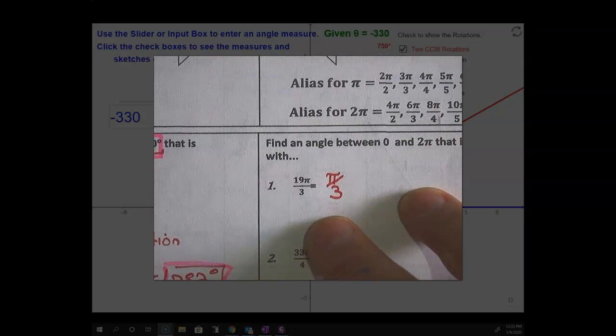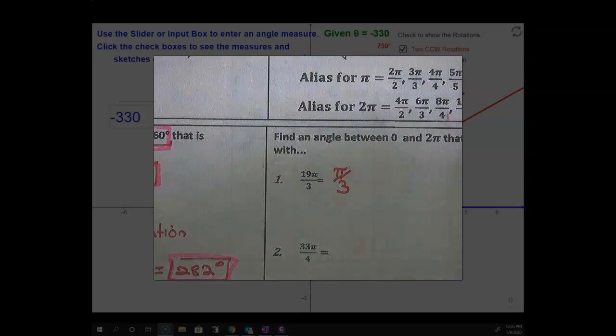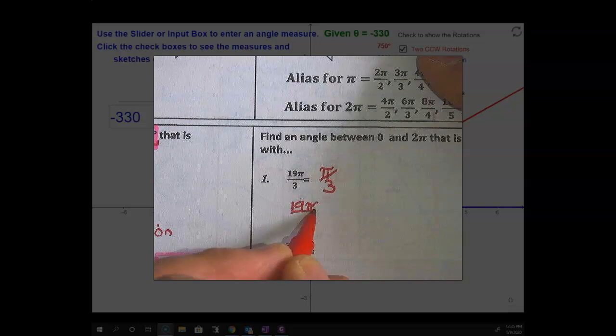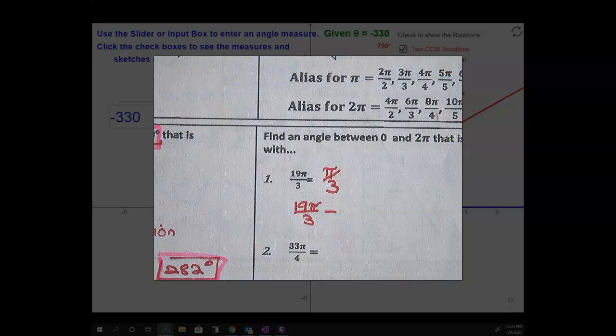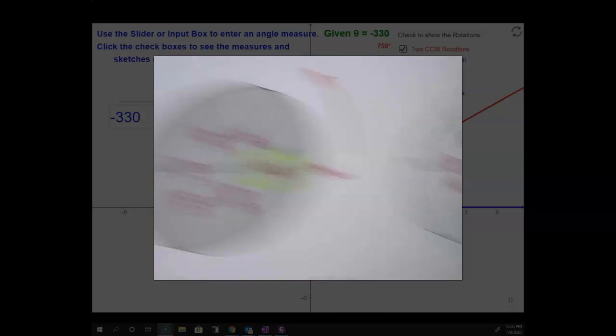Okay, now if I didn't have my little chart here to count with, then I know to take away 360, that's the same as subtracting 6 pi over 3. So I'm going to keep subtracting 6 pi over 3 until I have a number smaller than that.